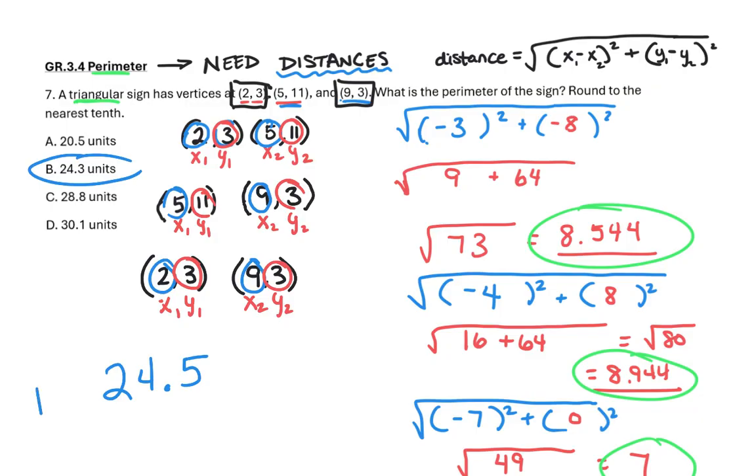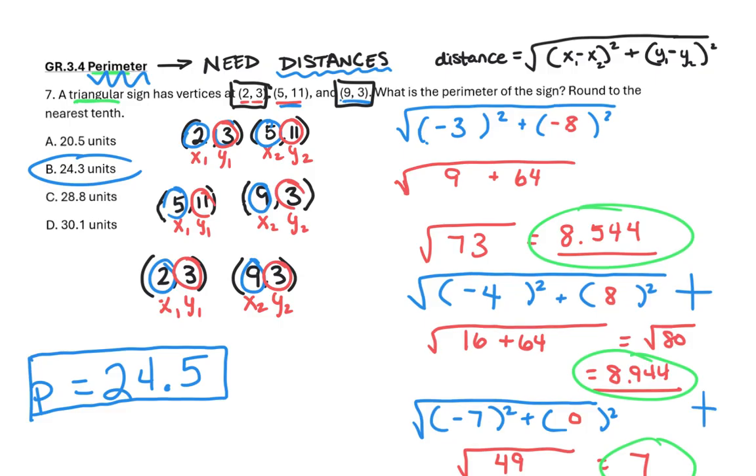So our perimeter should have been about 24.5. That's the closest option. And remember, the perimeter is just adding all the distances, okay? So we did a good job, even though our answer wasn't exactly there. So I had to add those three numbers.